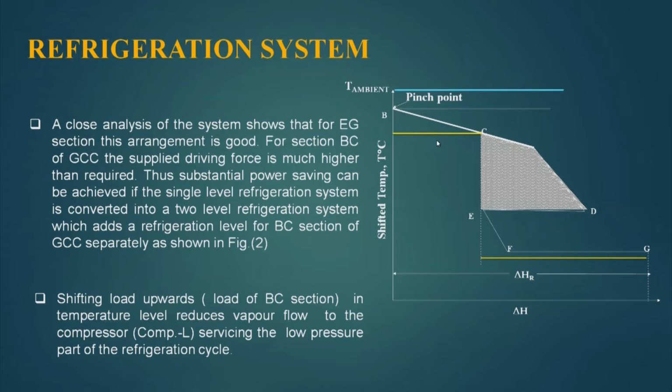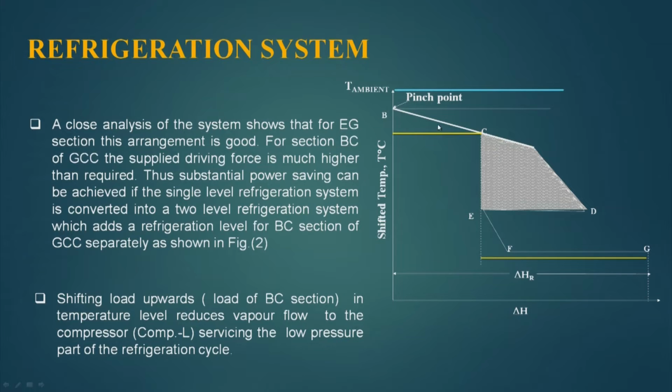This is some sort of high temperature cooling, this is a low temperature cooling. Now, by doing so we can save energy. Why? Because the heat available at this temperature will be pumped to this temperature, because it will be rejected at this temperature, but the heat which will be picked up at this temperature level will be rejected to this temperature.